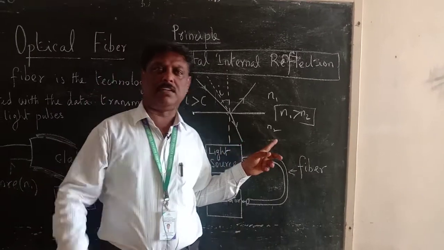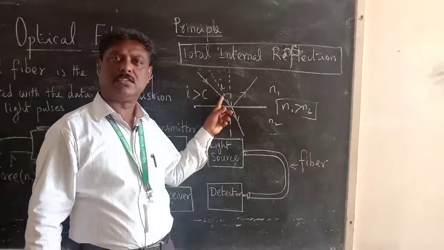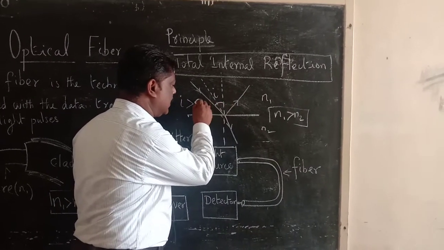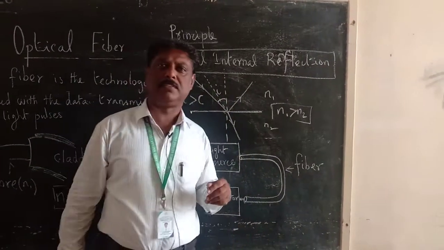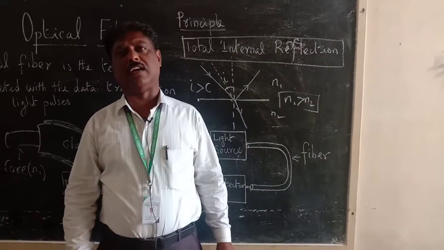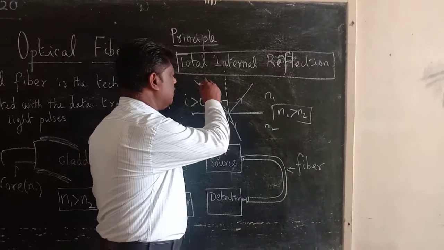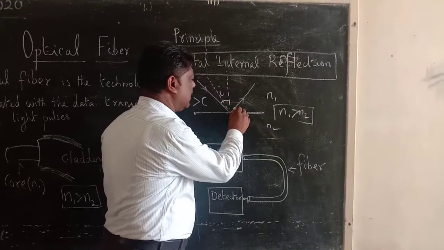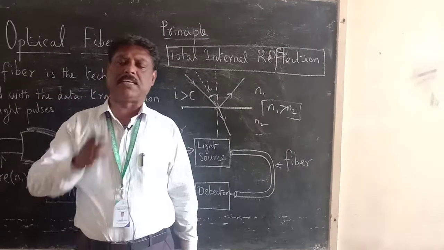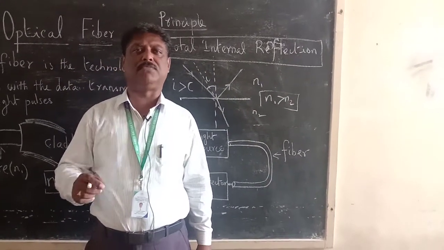But in the fiber, it is not like that. The angle of incidence i is larger than the critical angle, a definite angle. If the angle of incidence is greater than the critical angle, then the ray of light is completely reflected back in the same medium, and this is called total internal reflection.